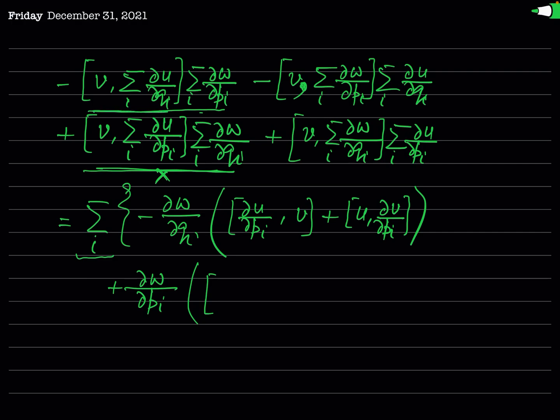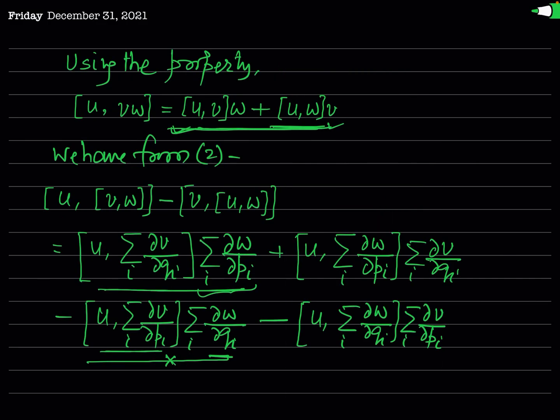But in this term there is a minus sign here: minus Poisson bracket of v comma del u by del qi. But I have taken here plus. So this minus will become plus when we interchange the variables inside this Poisson bracket. So now you can write it as Poisson bracket of del u by del qi and v, and plus, now see this term.